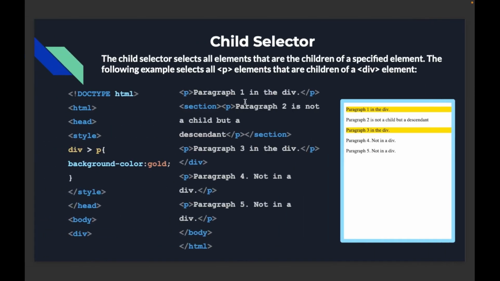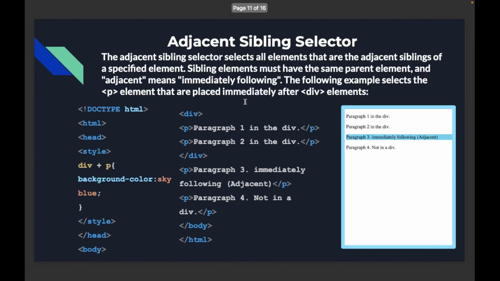So the next we also have adjacent sibling. Adjacent sibling means an element that comes immediately after a particular element. As we have here, we have this div with two paragraphs, and we have paragraph 3 that comes immediately after this div.